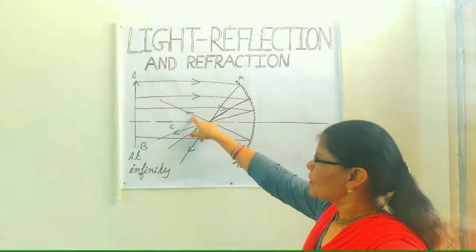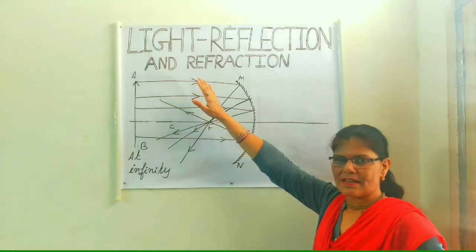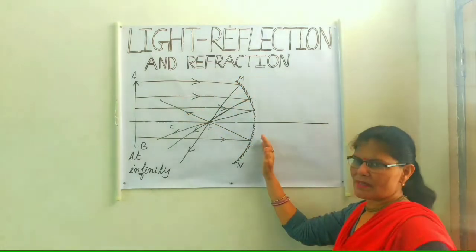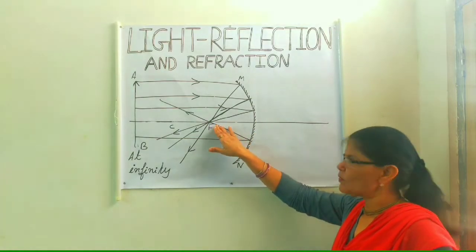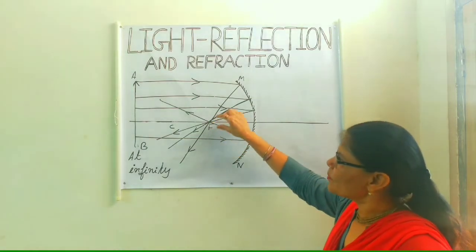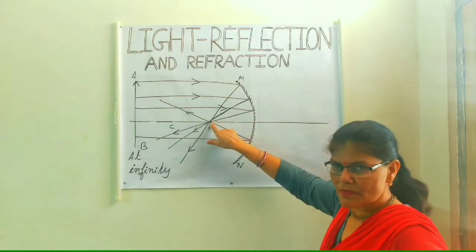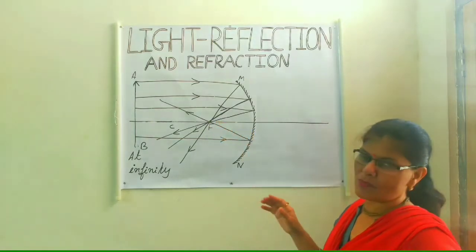Okay, so all the parallel rays from the sun, which is at infinity, after striking the mirror will be reflected back and pass through the principal focus, and we will have a point size image of the sun here. The image found will be of point size, highly diminished.